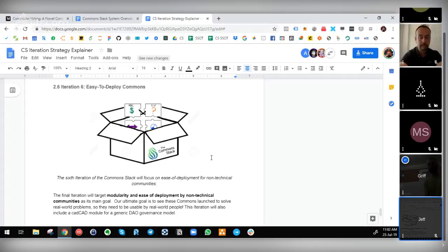But we don't need to build the technology to test the interface. We can just do a quick prototype and go into the field and do some tests and demos. That's actually one of the first things we'll be working on, a proof of concept of conviction voting using CAD as a backend.